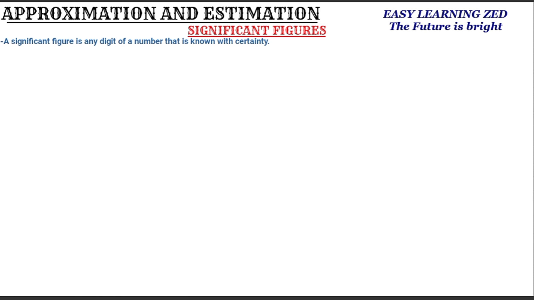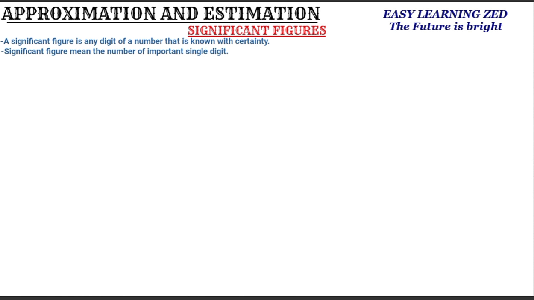A significant figure is any digit of a number that is known with certainty. In other words, you can say a significant figure means the number of important single digits. That is a significant figure.